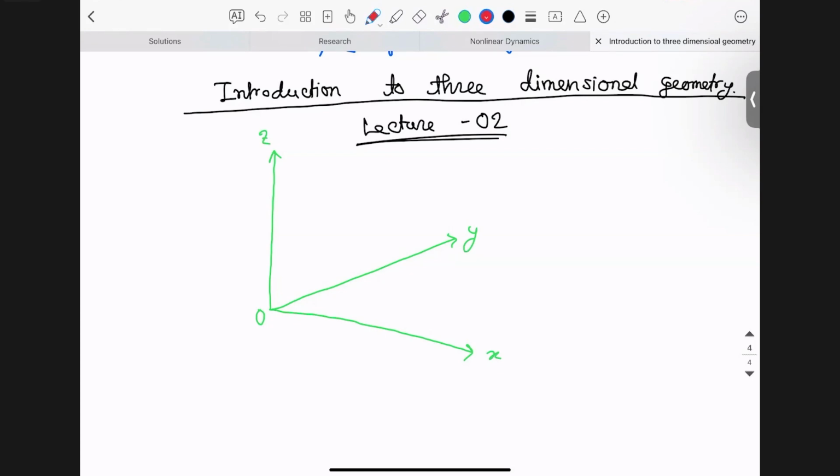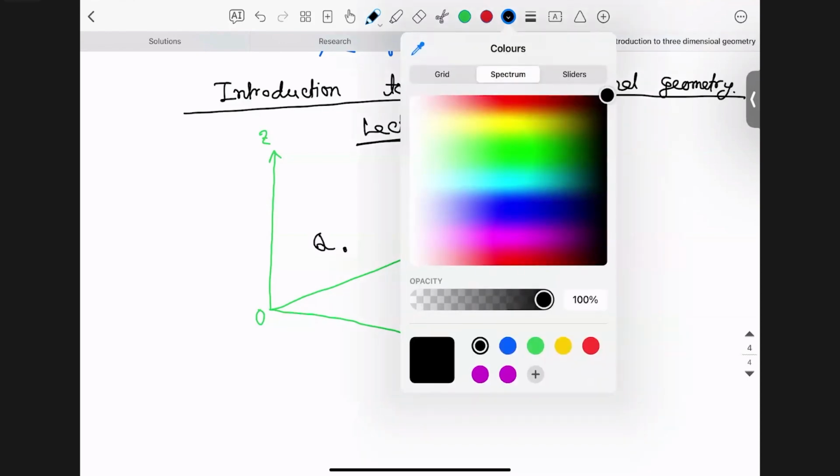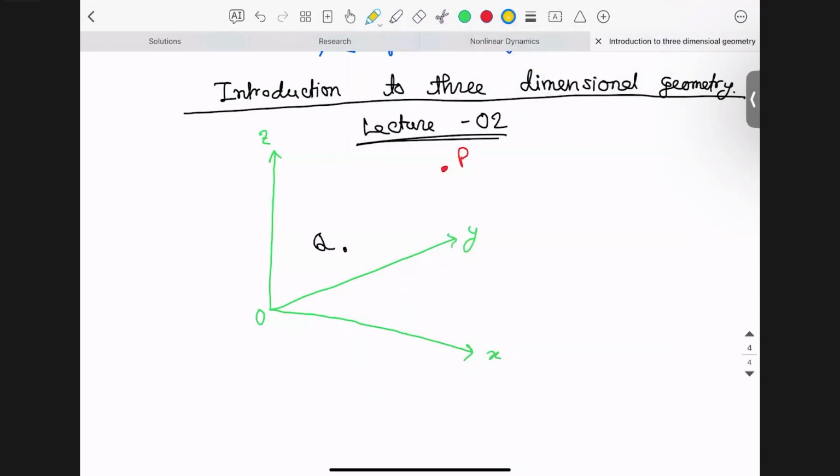Now we have 2 points here. Suppose one point is this red one, denoted by P, and another point is somewhere like here, Q. Now these 2 points have some coordinates. So how can we get the coordinates? The coordinates can be obtained like this: how much distance we need to cover along x, then how much along y, and after that how much along z.